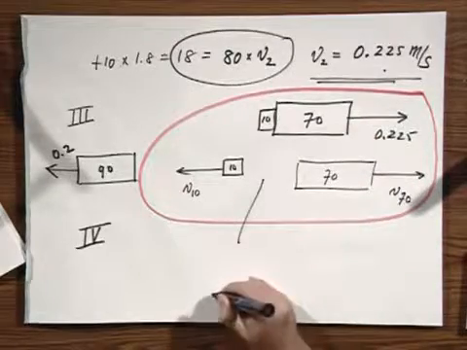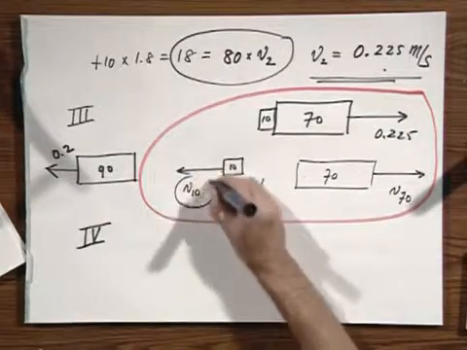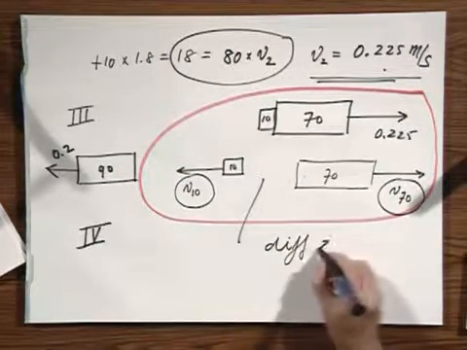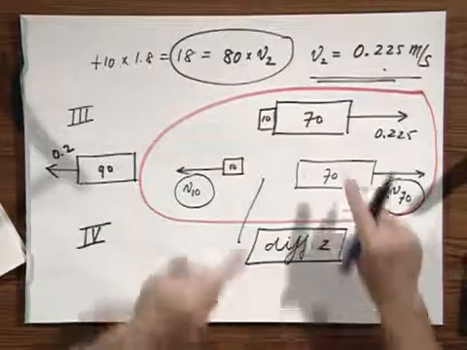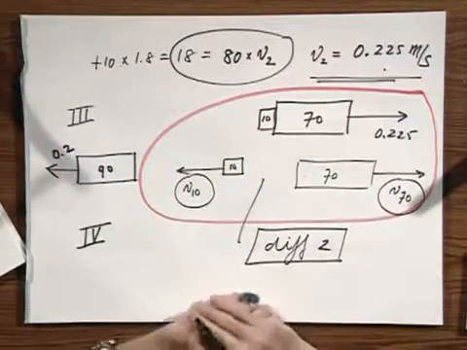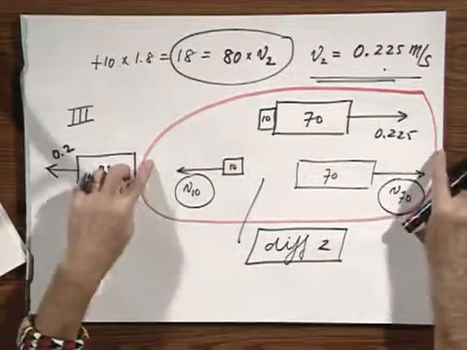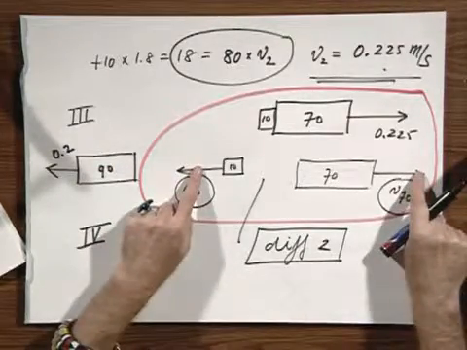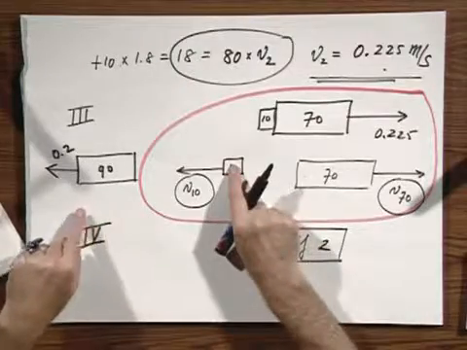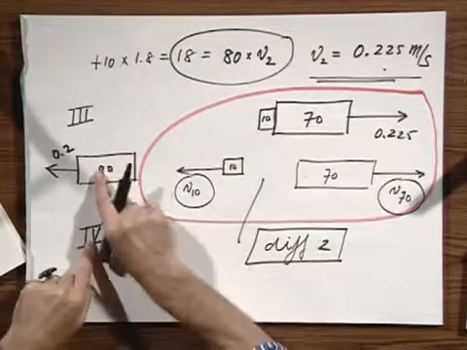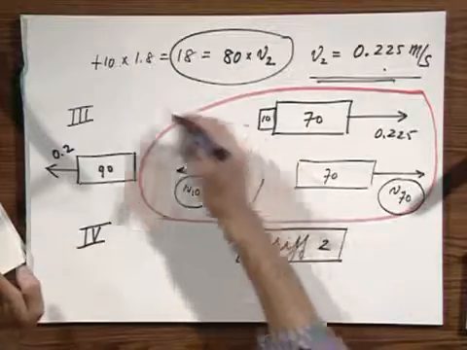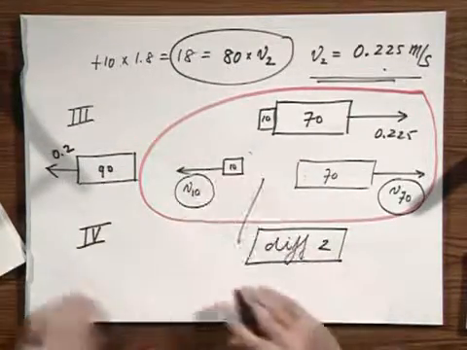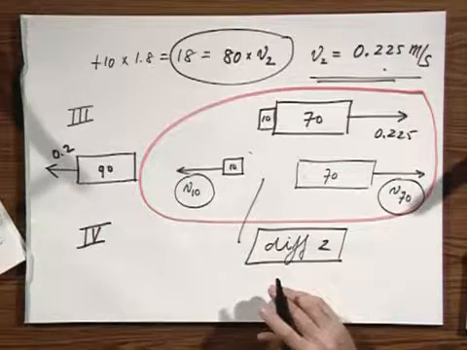You also have to take into account that this velocity and this velocity have a difference of 2. So I misled you. To go from here to here, you must take into account conservation of momentum plus the fact that the difference in velocity is 2. When this object in phase 4 hits this object, then all you have to take into account is the conservation of momentum, because no one is sliding the object anymore.